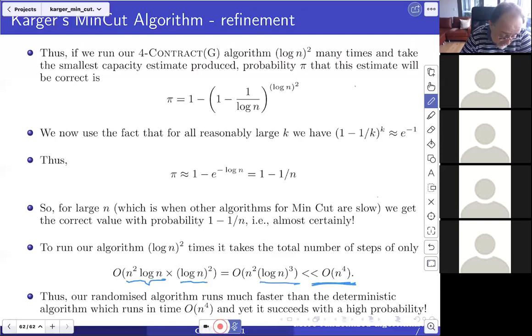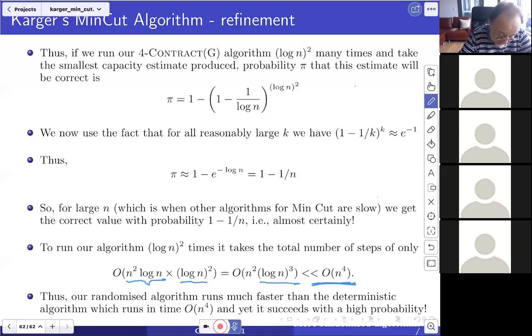The reasoning behind it was always this boosting of the probability. You have one very basic algorithm, the first one that we saw, that goes all the way down to a single edge. And the probability of success was minuscule. It was 1 over n squared.